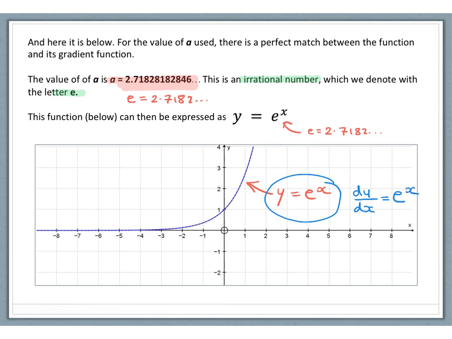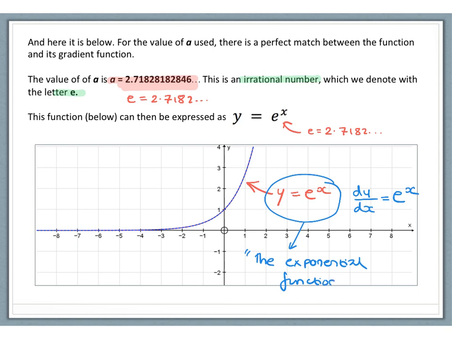Now this is a property you will explore in much more detail in year 13. You will learn how to differentiate e to the x from first principles, and you will do lots more differentiation using functions that involve e to the x. This function is called the exponential function.